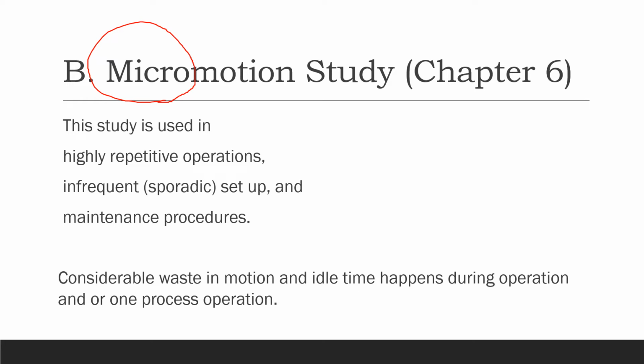Again, we will go in details about micromotion in chapter 6. So here, just trying to know what this is about. So micromotion is a little bit different from macromotion. This is going into small motion, motion elements activity. So this study we use in highly repetitive operations.